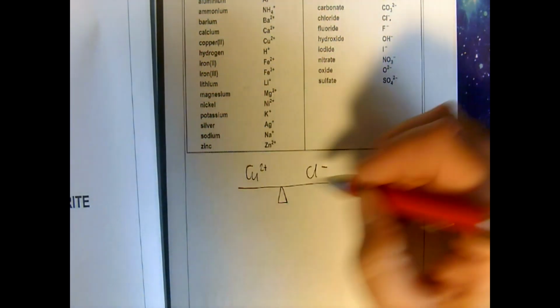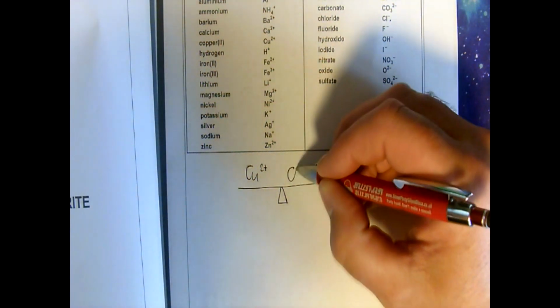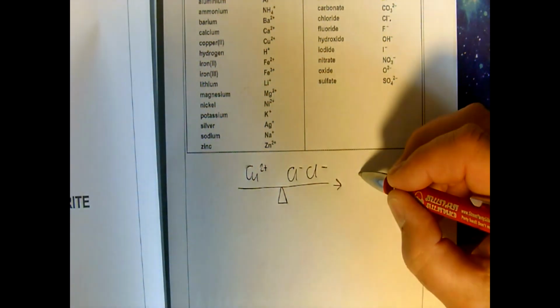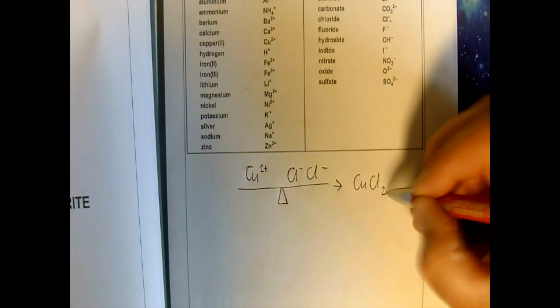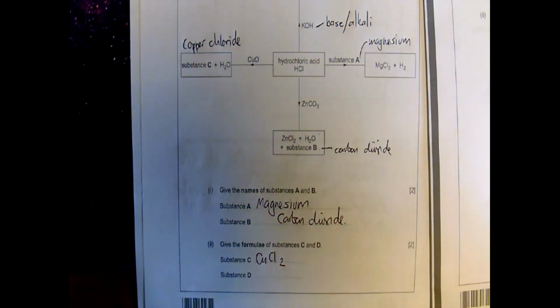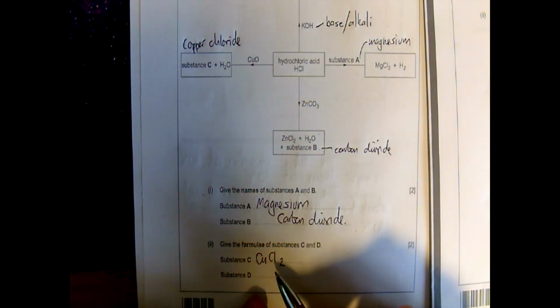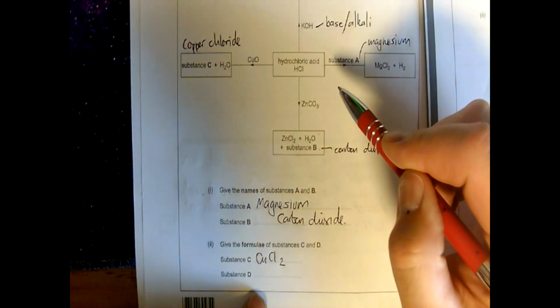So copper chloride, so copper is here, okay, Cu2+, and chloride is over here, Cl-, and if we do the seesaw method, we can see that 2+ is 2 minuses, so we need 2 of these, and that will give us the formula CuCl2.